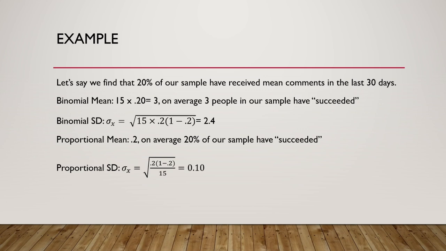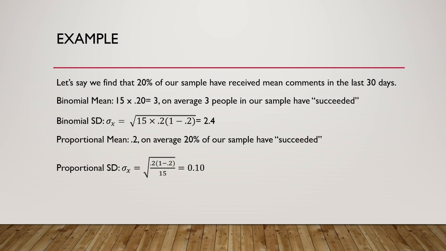Because we picked such a small sample size, it doesn't really make as much sense, because then we get into the negative numbers here, but bear with me on this one. Our proportional mean is just p, so it's 0.2. So on average, 20% of our sample has succeeded, as we stated above.